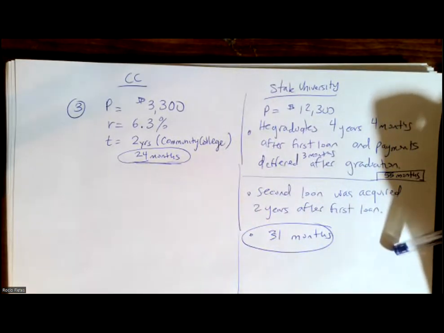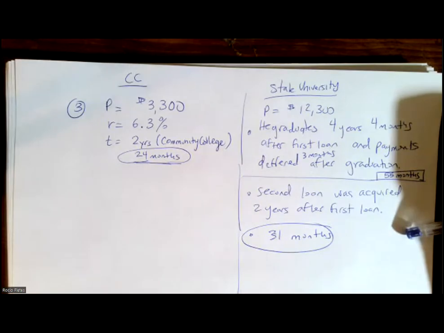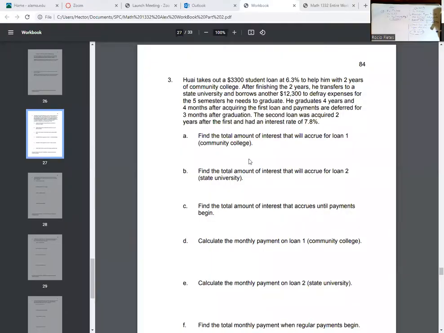Okay, let's go back to the question now. Find the total amount of interest that will accrue for loan 1 for the community college. Remember that the first loan has been alive for the entire time.